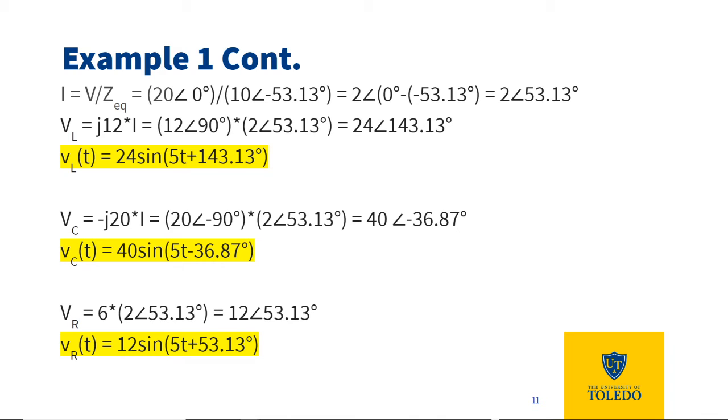Next up is V subscript R, which is 6 times 2 angle 53.13 degrees, which comes out to 12 angle 53.13 degrees. From this, we find that V subscript R of t equals 12 sine of 5t plus 53.13 degrees.